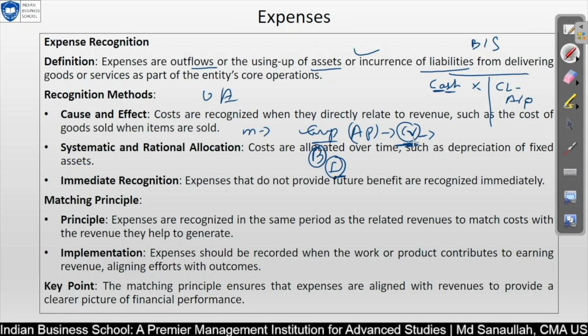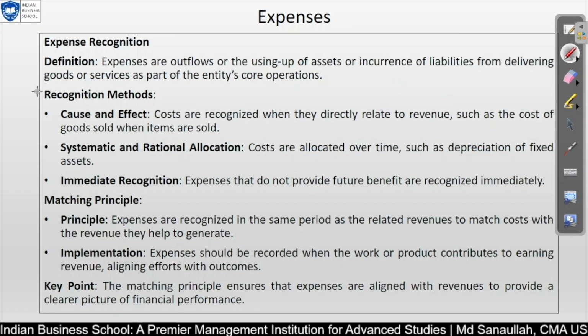Let's conclude this: expenses are the outflow or using up of assets or incurrence of liability, arising from delivering goods or services that are part of the entity's core operation. This is the overall definition of expense.